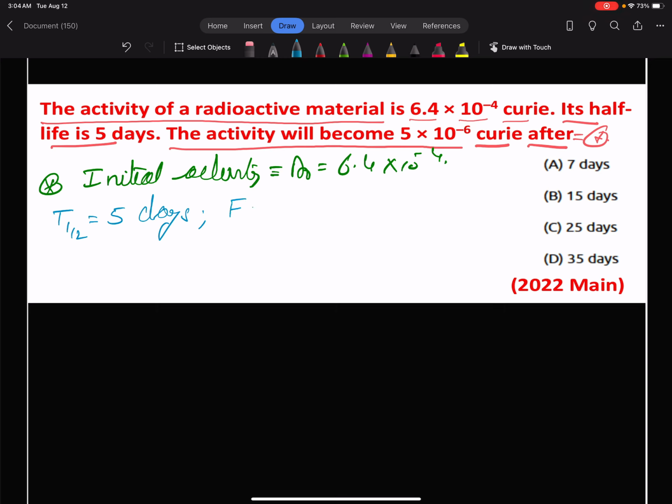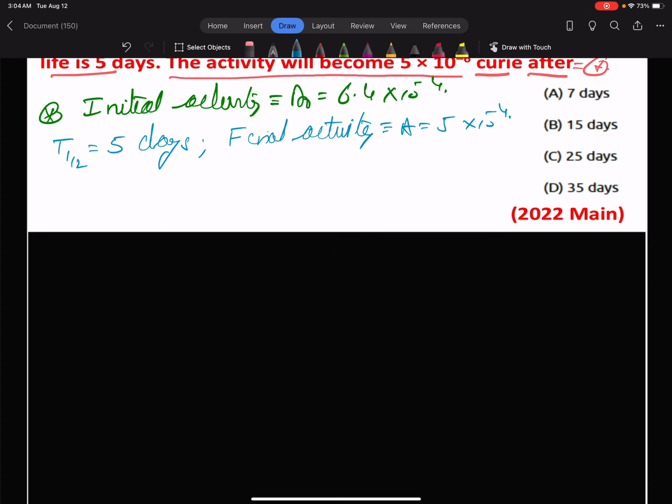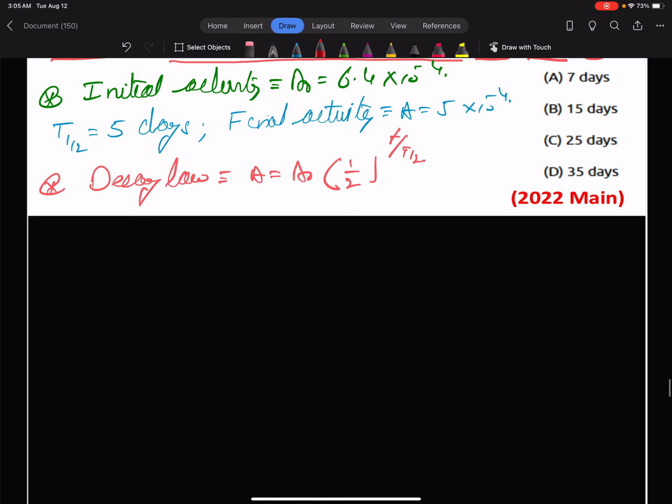Final activity is also given to us, that is the value of A is 5 into 10 to the power minus 4. So once again, we are going to use the decay law, and it tells us that A is equal to A naught (1/2) to the power T upon T half. And we are supposed to find out this value of T.